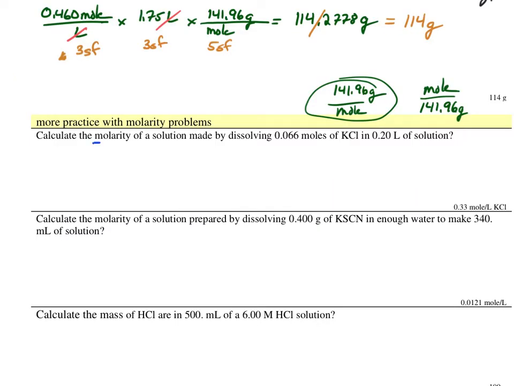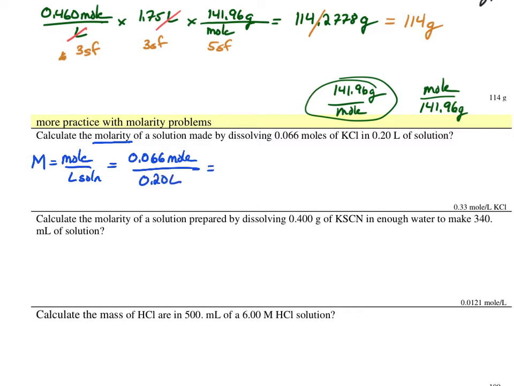This next question asks to calculate the molarity. So the molarity is going to be the moles of solute per liter of solution. So we're told we have 0.066 moles, and we're in 0.20 liters.